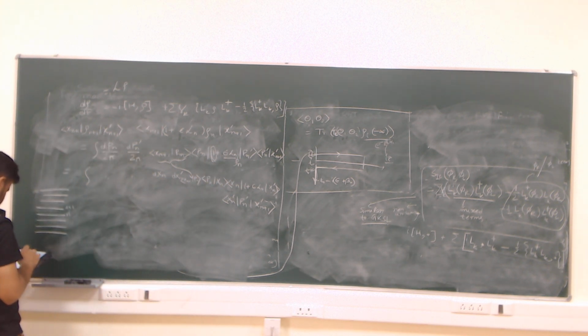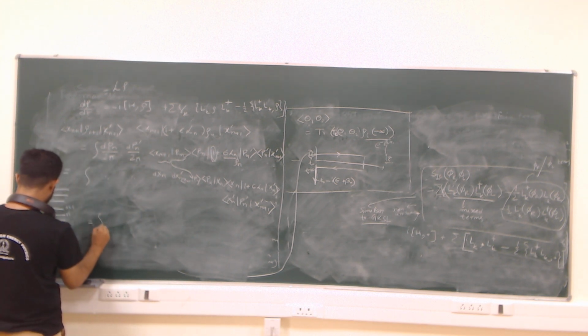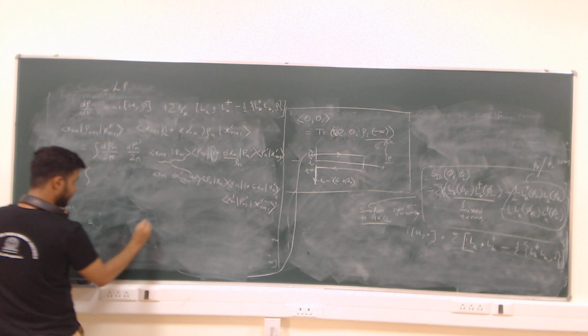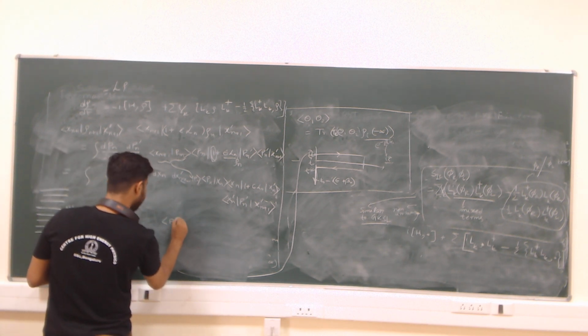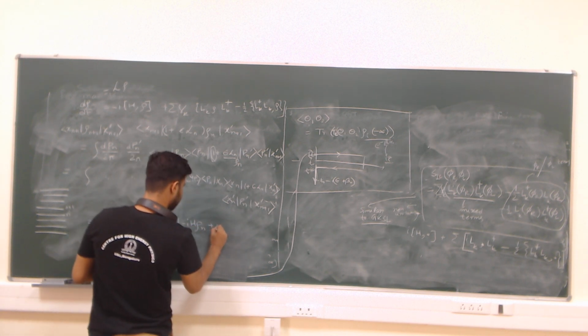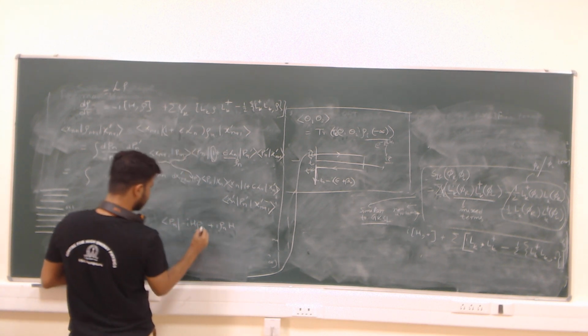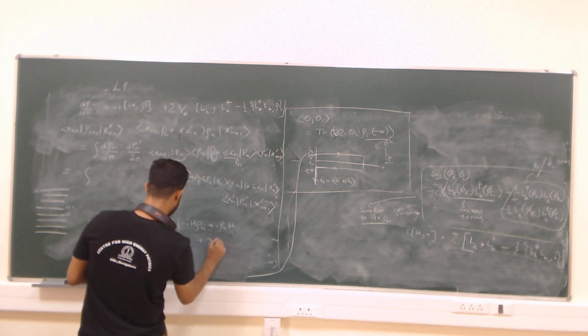So this part is what I will finally be able to write. Here it will come Pn minus iH rho n plus iH. Everything that I am doing here I will just do in terms of ln.